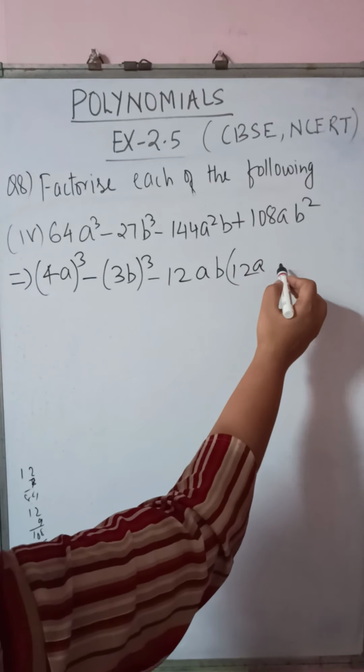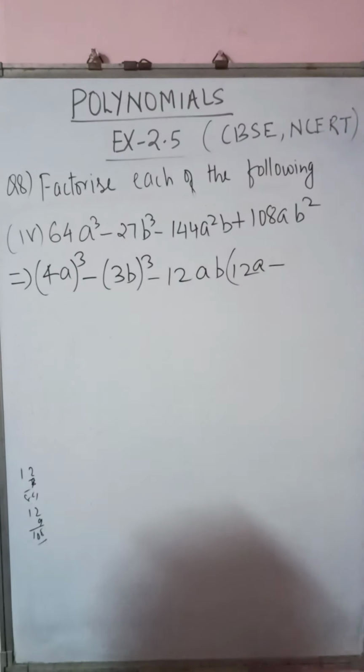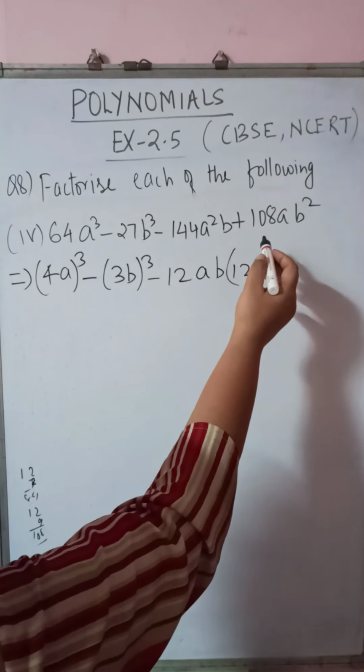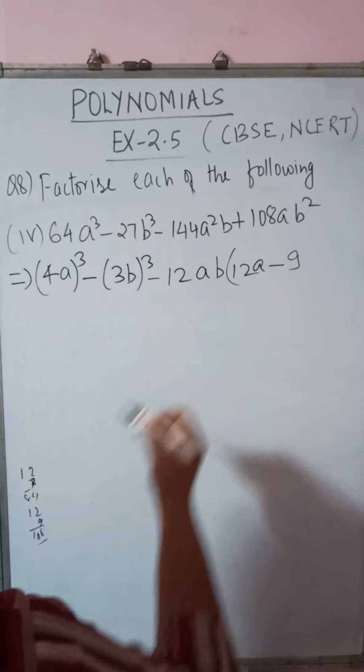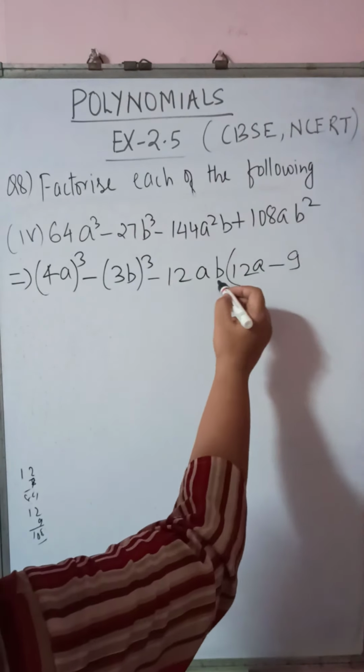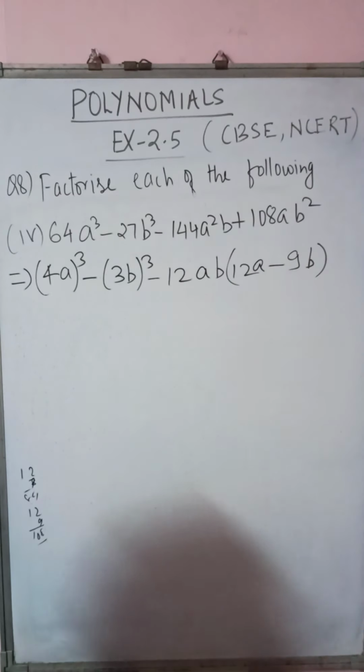So minus. Now 12, how many times you get 108? 12 9s are 108, and a b square, it is ab, so 1b will put.